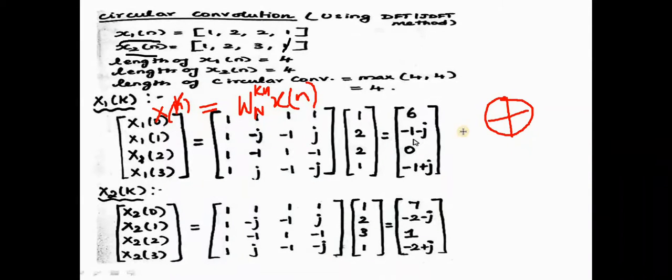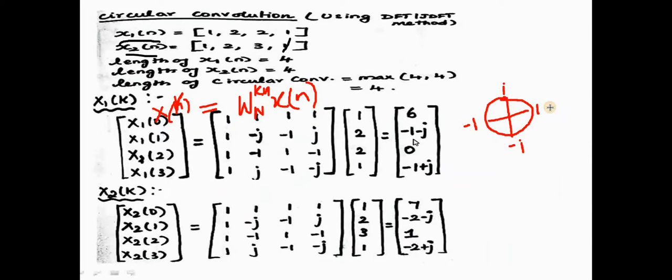Take a circle, divide it into 4 quadrants, let your y-axis be imaginary and x-axis be real. So this is j and this is 1 and this is minus j, and then this is going to be minus 1.